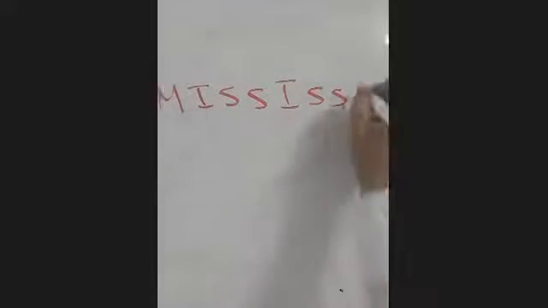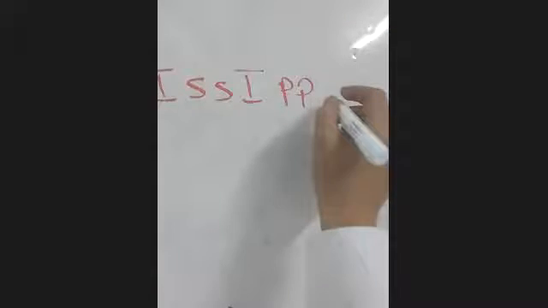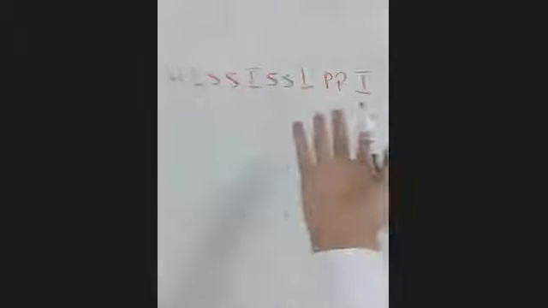So let's think of Mississippi, Mr. We have M, then I, double S, then I, double S again, I again, double P, and I. It's weird.